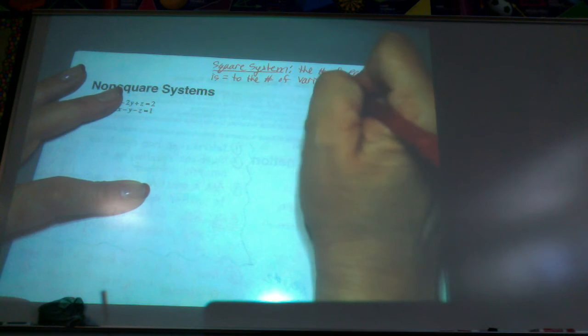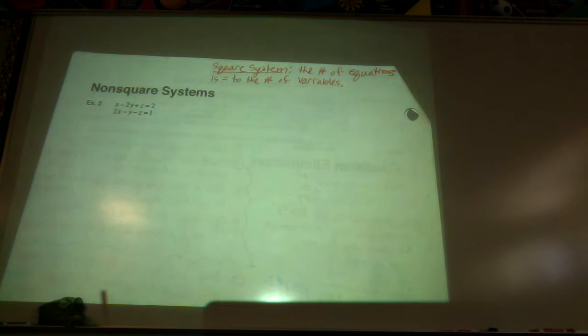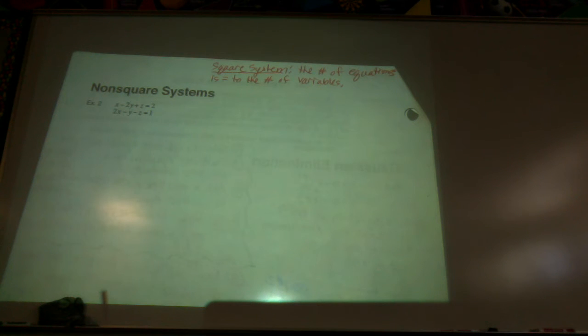So in example 1, we had 3 equations and 3 unknowns. 3 by 3 is a square, isn't it? In this particular non-square system, we have 2 equations and 3 unknowns. A 2 by 3 is not a square, wouldn't you agree?